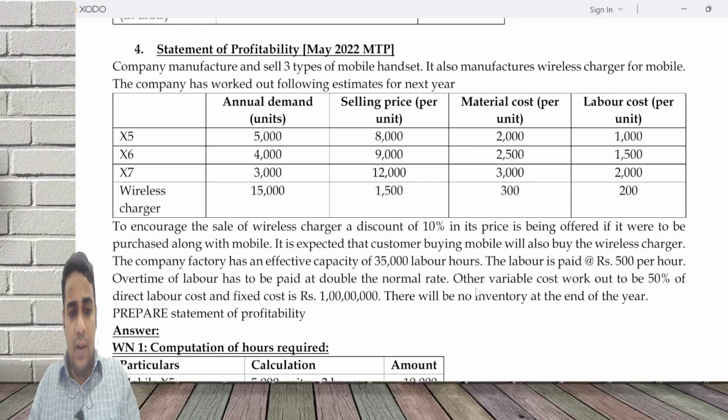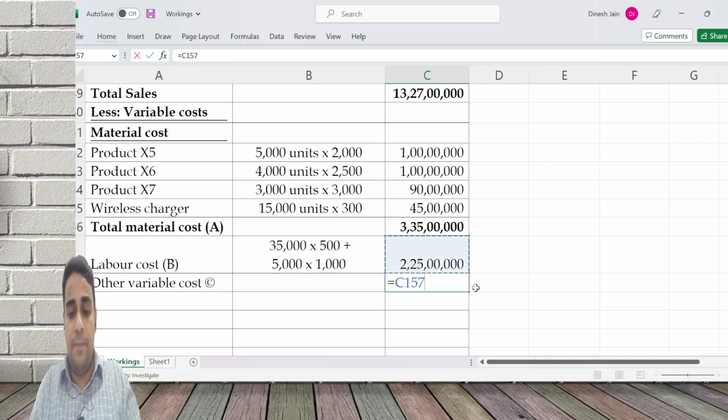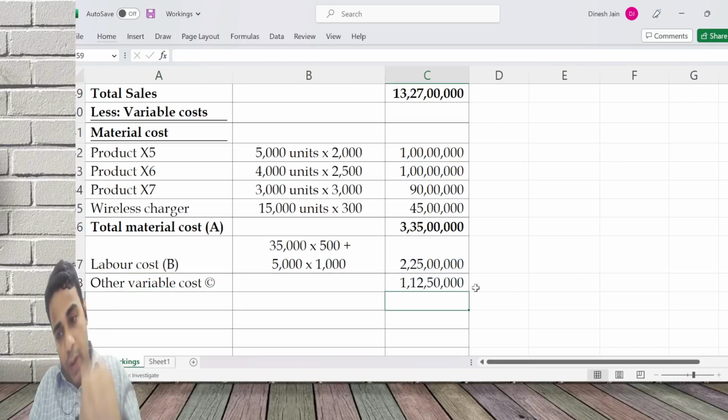Other variable cost is 50% of labor. Material I wrote product wise. Labor I clubbed together because I had already calculated the number of laborers.